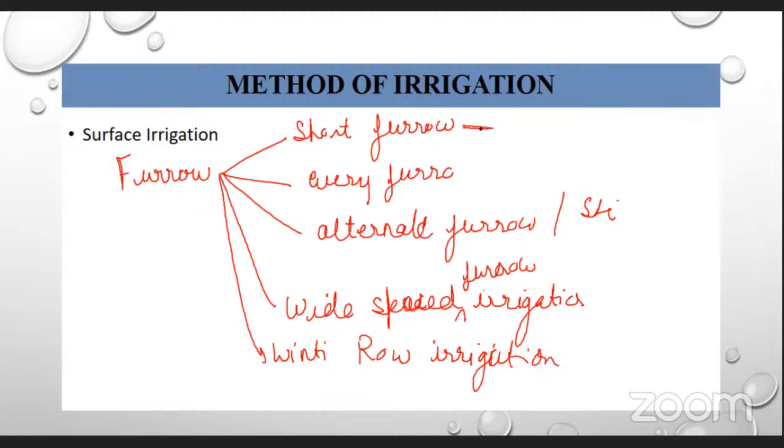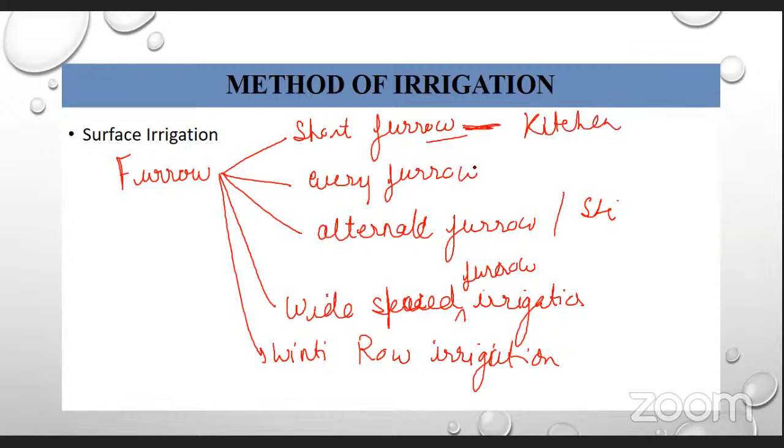The short furrow is usually used for vegetable crops. It is irrigated with short furrows of 5 to 6 meter length, and 5 to 6 rows are usually there. This short furrow is usually used for kitchen gardening.